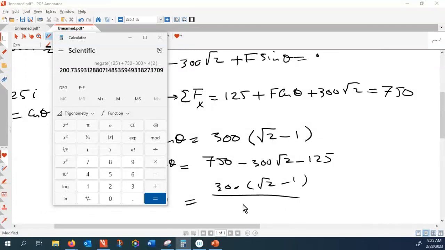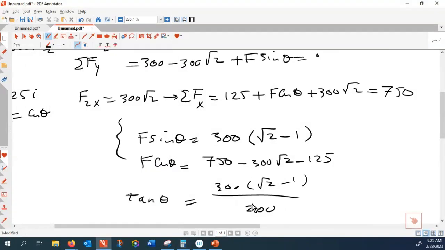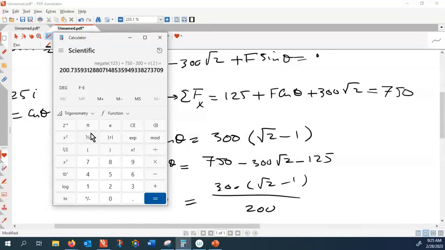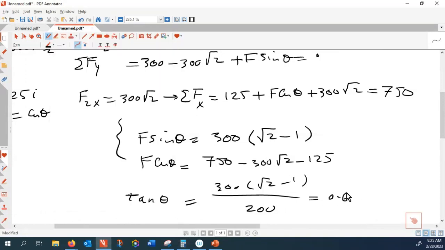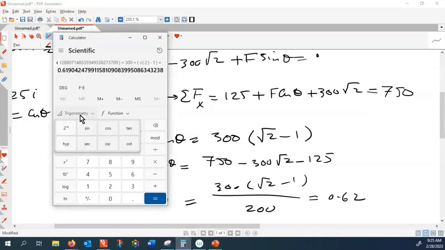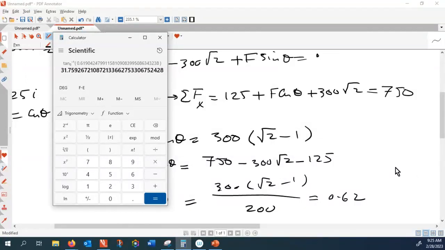Divided by 200. So 200 reciprocate multiplied by 300 times parentheses. So this is 0.6. And then all you have to do is take an inverse tan. And the angle is 31.56.